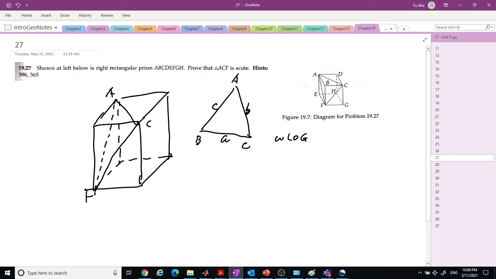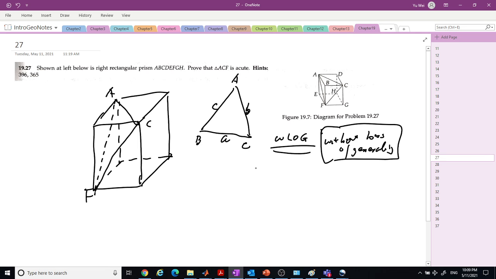Without loss of generality, we can always say A is less than B is less than C, because otherwise, with three sides, you can permute them and line them up from the smallest to the biggest.